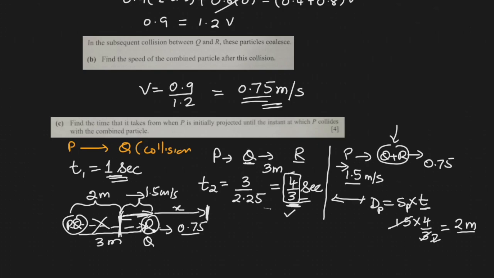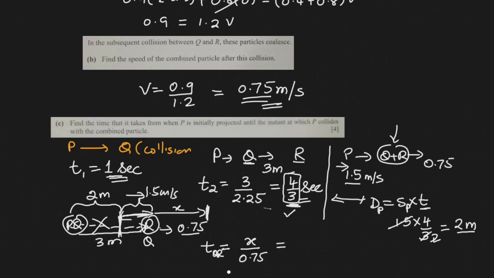So how much time will it take to cover this 1 meter plus x? All right. So the time taken by Q and R will be x divided by their speed, which is 0.75.